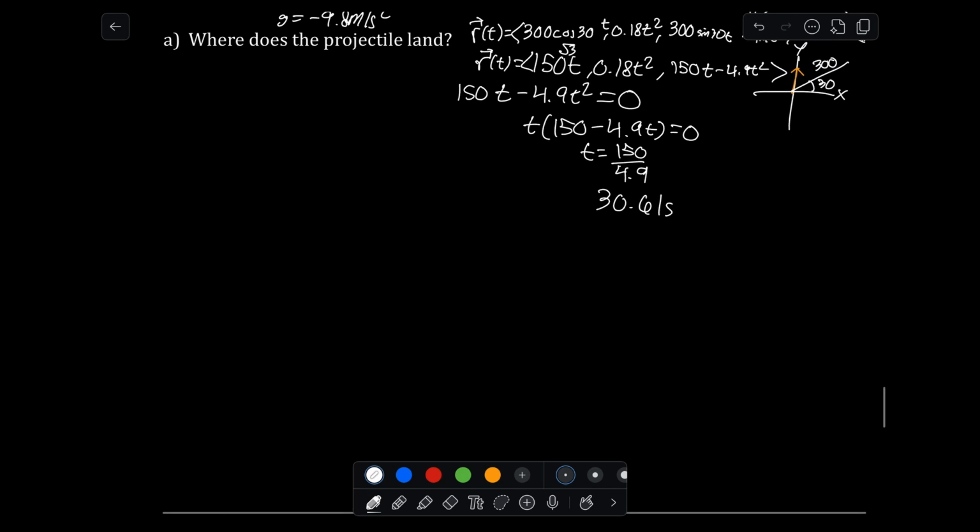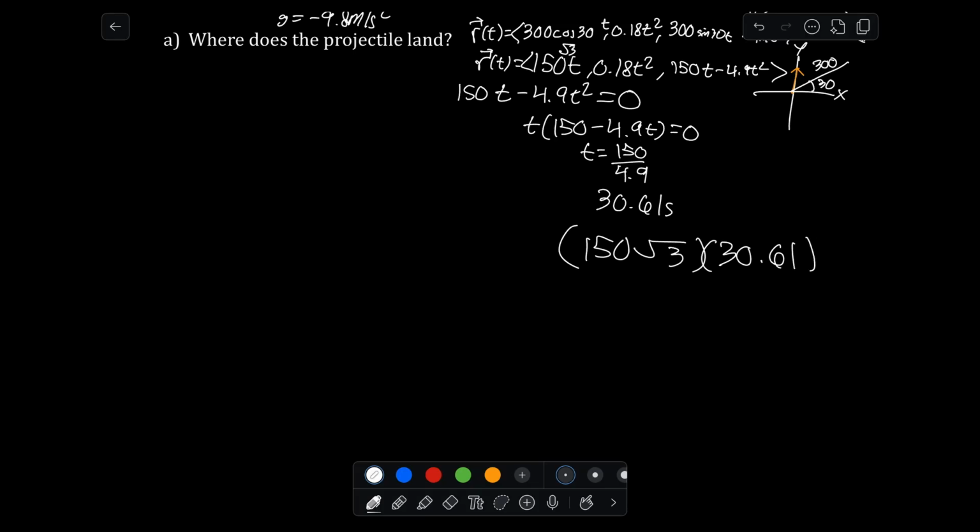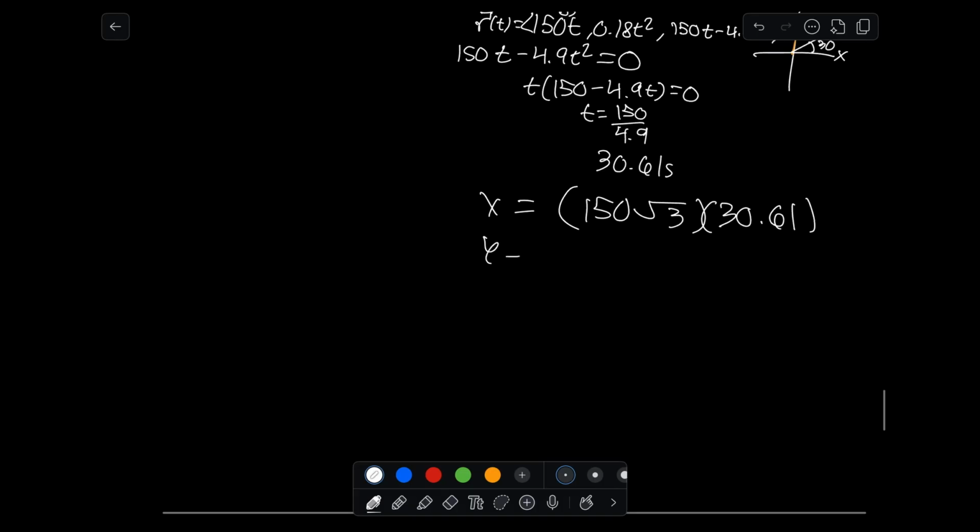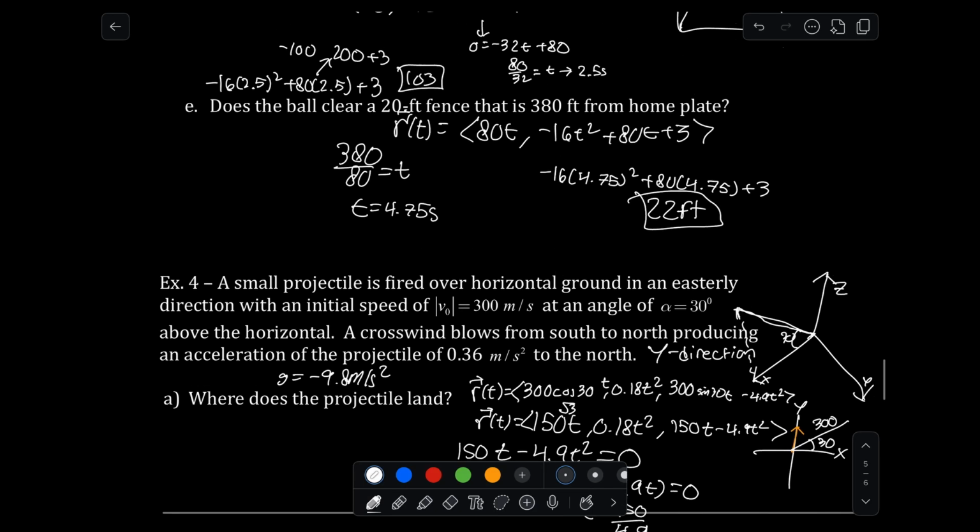So now we can solve for where the projectile lands in the x and y direction. So we can just plug that in real quick, and we get 150 root 3 times that for our horizontal, for our x, and for our y, we can just use 0.18, and then you can plug this into your calculators and see where it would land respectively.